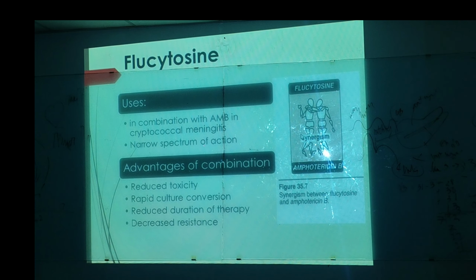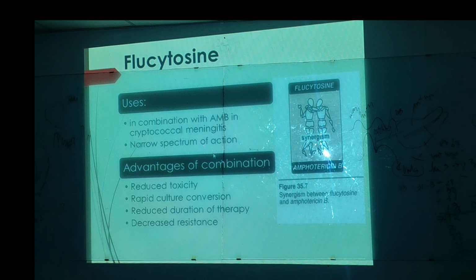Additive is 1 plus 1 equals 2. In combination with amphotericin B, this is used in the treatment of cryptococcal meningitis. Again, it has a narrow spectrum of action, so not all fungi will be susceptible to your flucytosine.